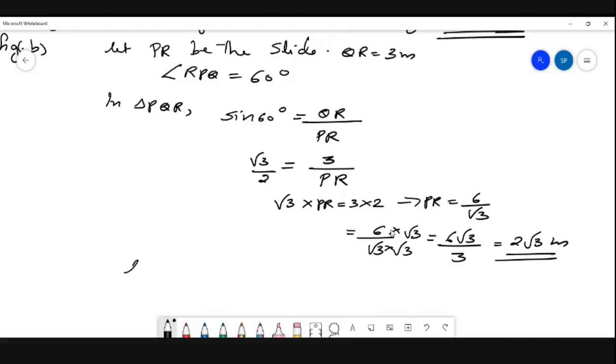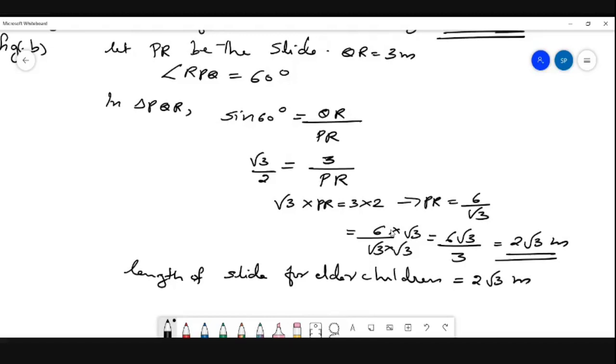So the length of the slide for elder children equal to 2 root 3 meter, or you can multiply with 1.73 also.